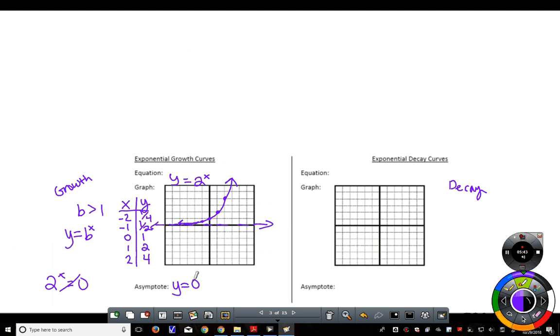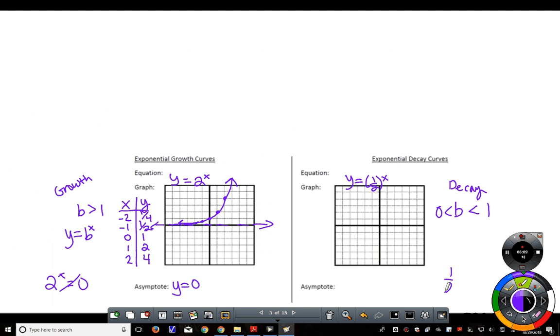And all the exponential curves have some same features and follow the same types of rules. So the only difference with decay is the direction that you'll see it go. So if you make the base smaller than 1, but we don't use negative bases, so not below 0, but just smaller than 1. So let's say for our equation we used 1/2. Some of the rules still apply.